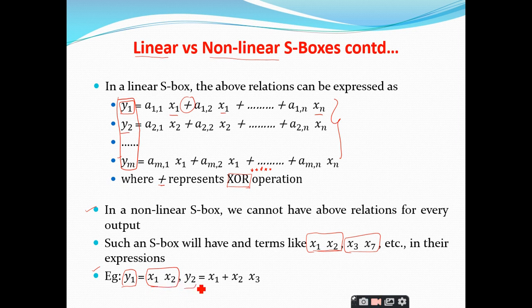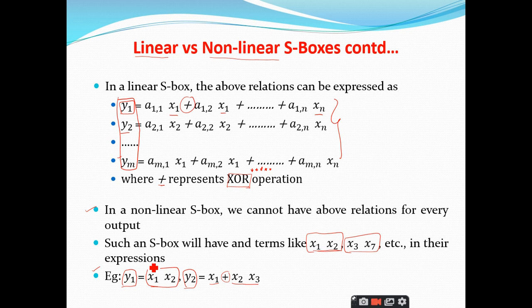Similarly, in order to define this y2, we are performing an exclusive OR operation on x1 and the product term x2 x3. So this is how the non-linear S boxes are related. There is no linear relation, or there is no linear connectivity between the input variables and the output variables. Is it clear? This is just for an idea.